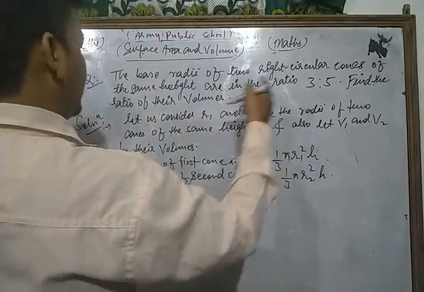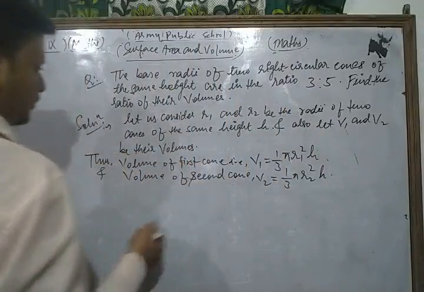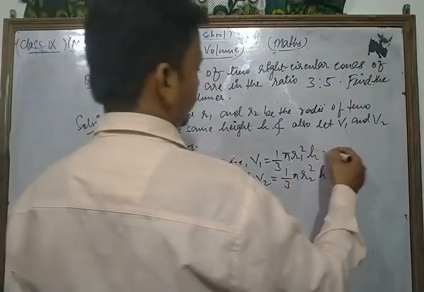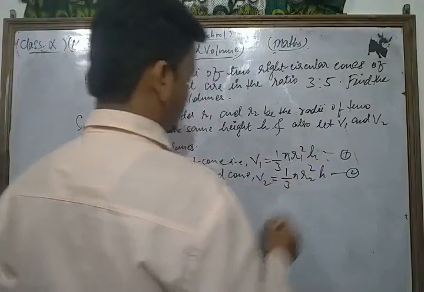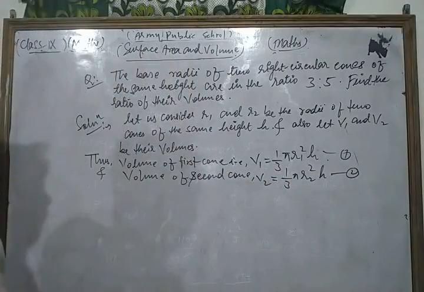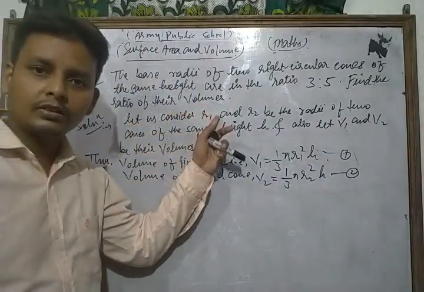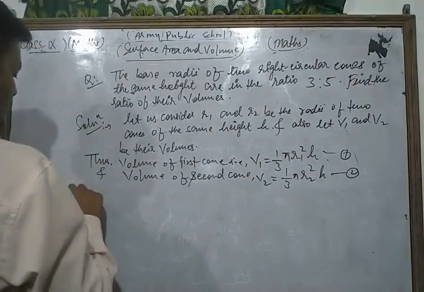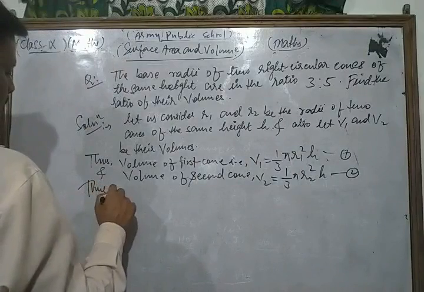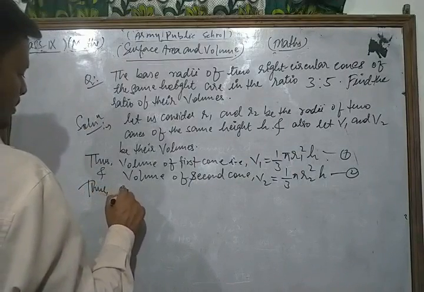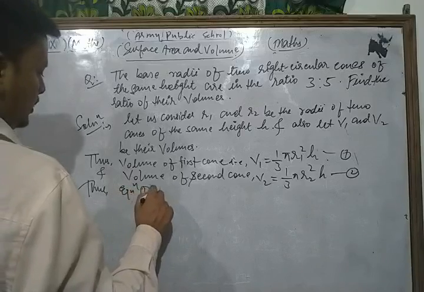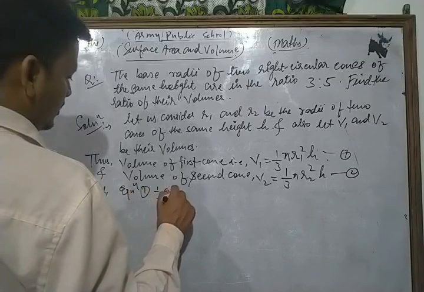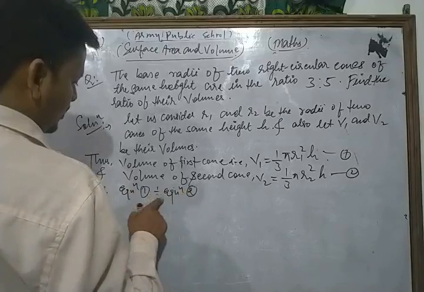Now we take equation number 1 and equation number 2. We want to find the ratio of their volumes, so we divide equation 1 by equation 2.